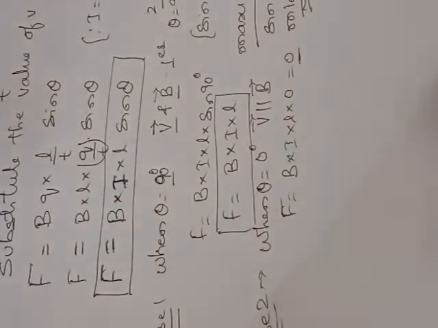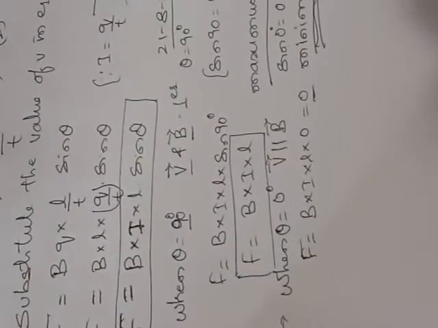Clear okay? So this is the simple case. Here we have seen that the force on a current carrying conductor is maximum when the velocity of the particle and magnetic field are perpendicular to each other.